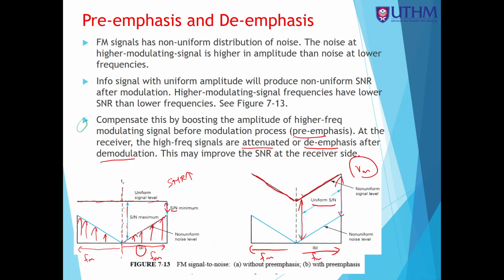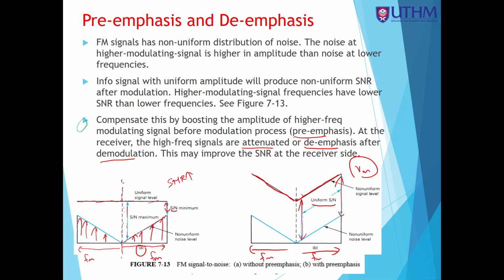Remember, pre-emphasis means we increase the amplitude of the input signal at the transmitter. De-emphasis means that we reduce the amplitude of the signal after the demodulation at the receiver.